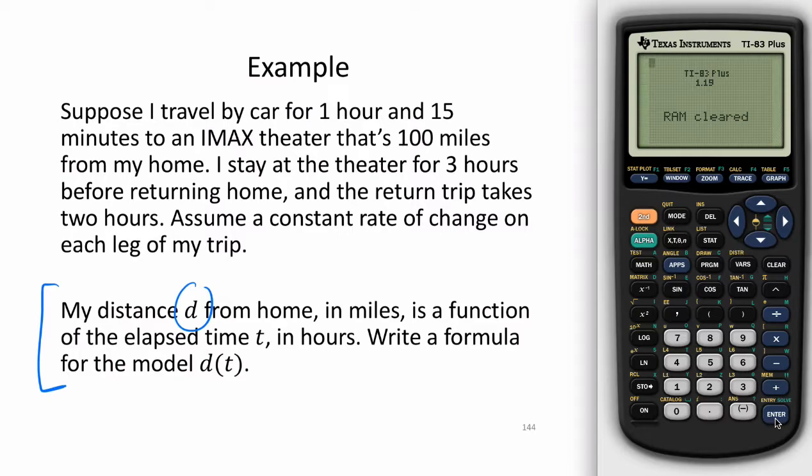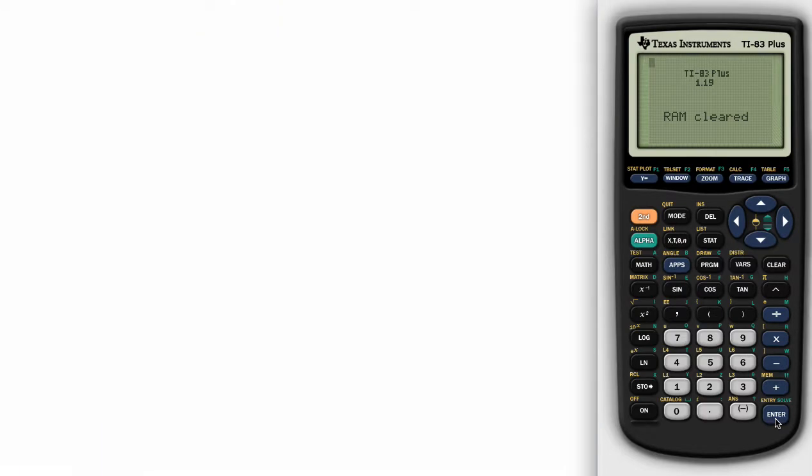The elapsed time is our independent variable, t, and so t is equal to 0 at the beginning of this trip that I take when I'm at home. So I'm going to start drawing a graph. The t-axis is the horizontal axis, and the vertical axis is the d-axis.